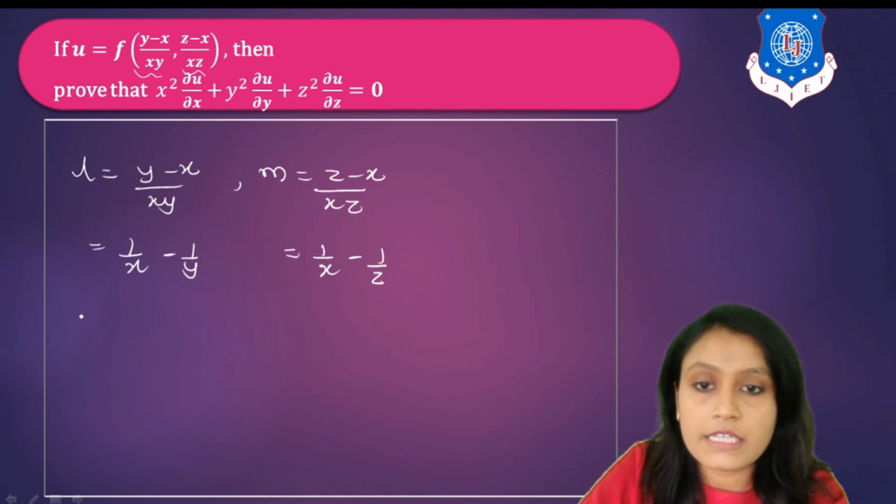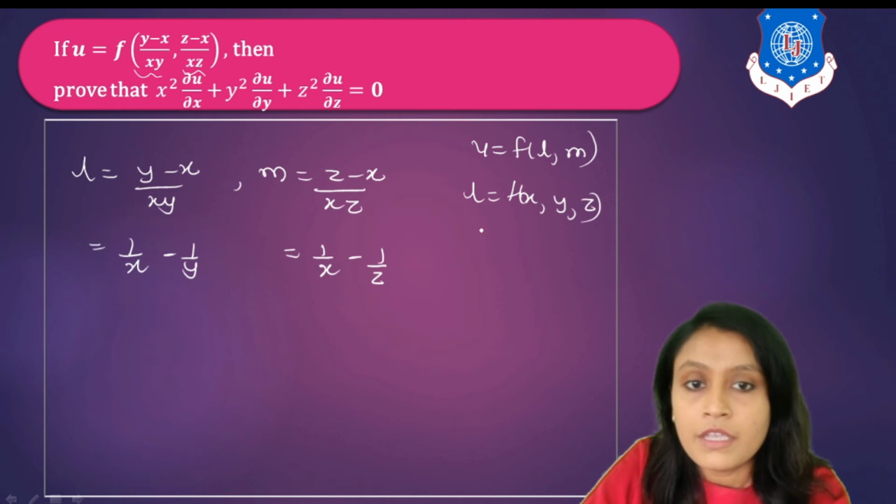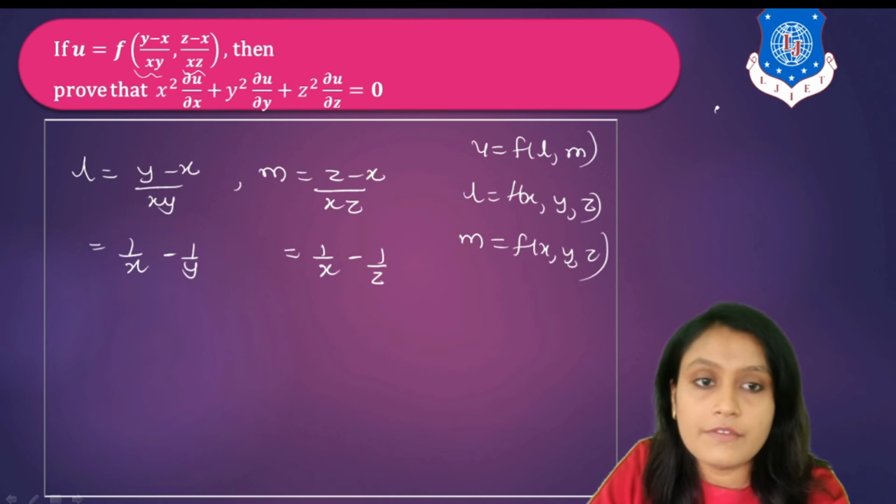Okay, so you can see that u is a function of L and M, right? And this L is a function of x, y, z, and this M is also a function of x, y, z. Okay, so firstly we will draw the tree diagram.